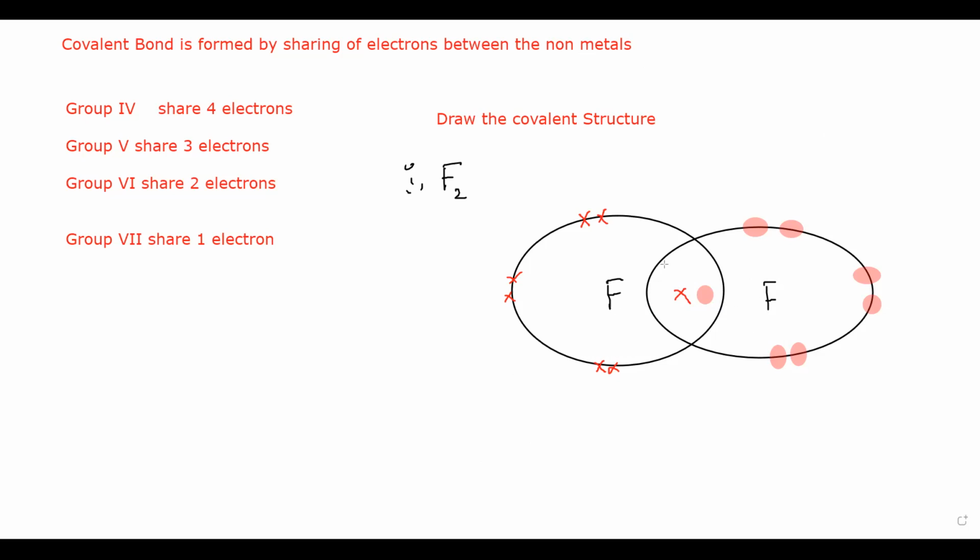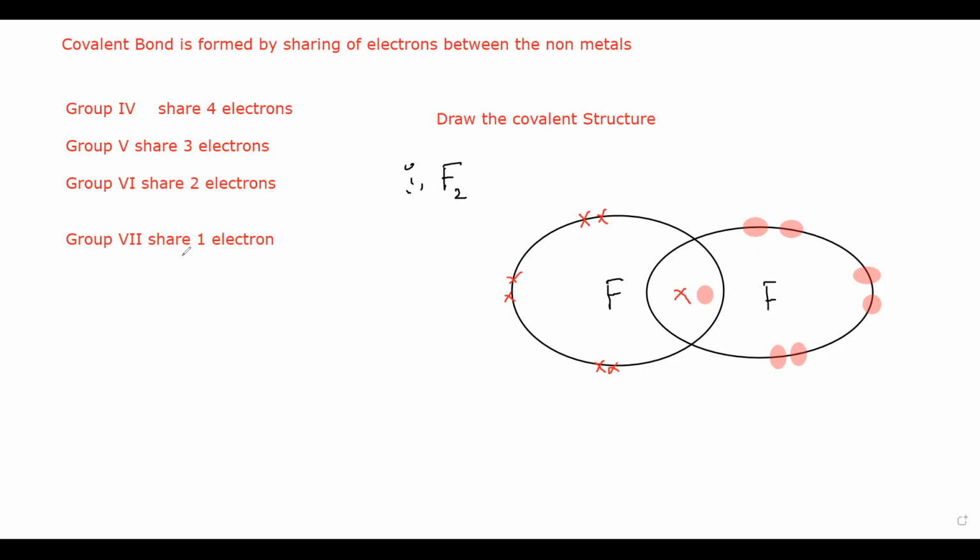Why are we putting them in the center? Because the ones which we put in the center are the shared electrons. These electrons belong to both fluorines, the shared ones. The unshared ones belong to the first fluorine, and the remaining unshared belong to the second fluorine. What we draw between them is to show that there is a share of electrons between the two fluorine atoms.